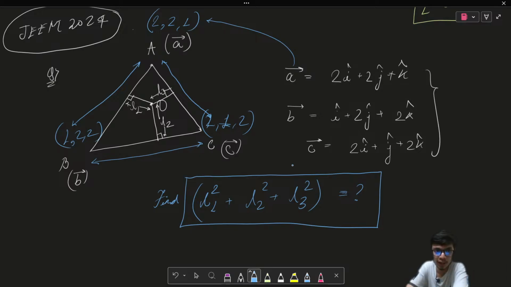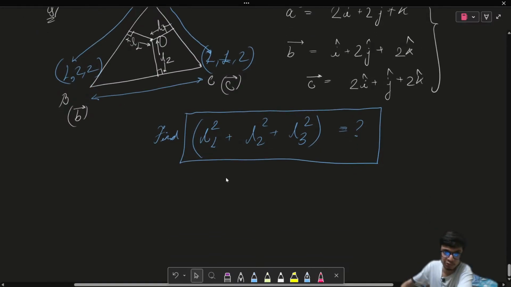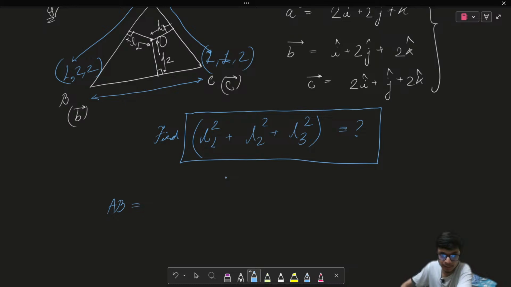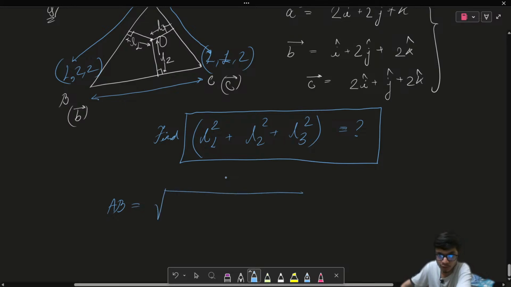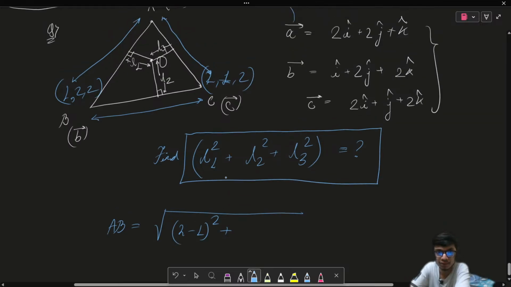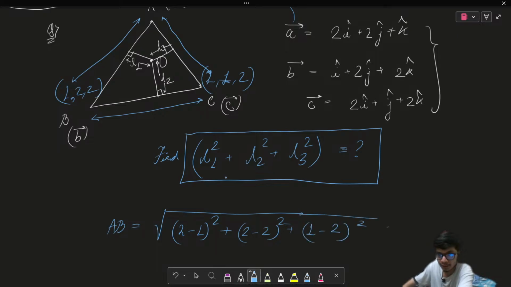So if I try to find the side length AB, it is going to be the square root of (2 minus 1) whole square plus (2 minus 2) whole square plus (1 minus 2) whole square. This will come out as square root of 2.